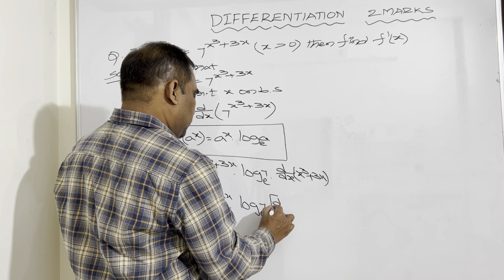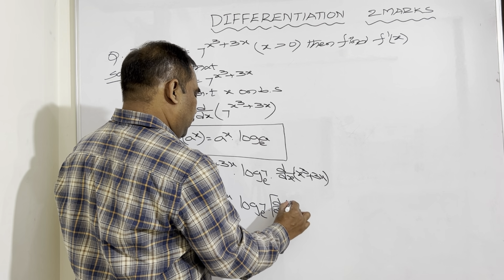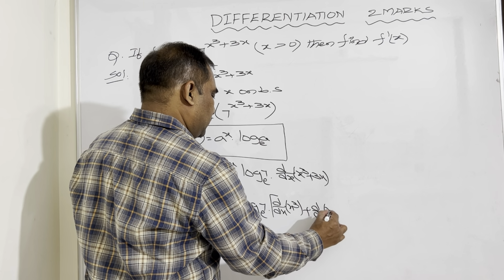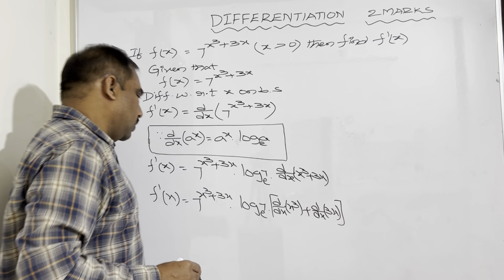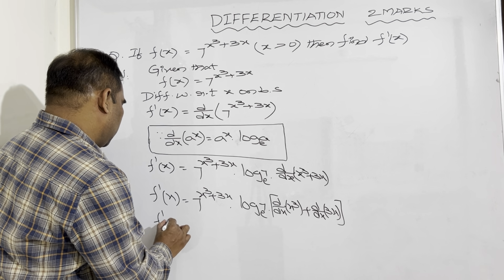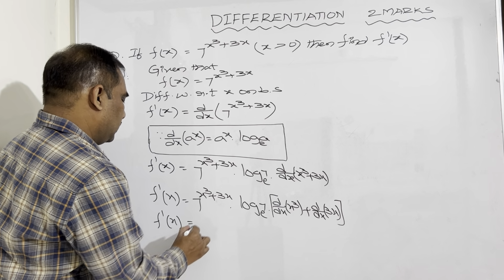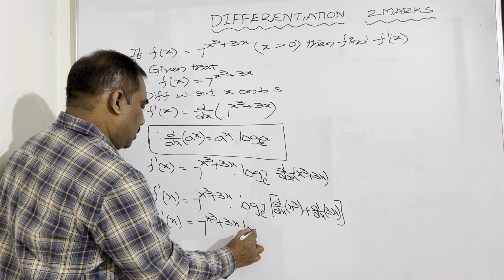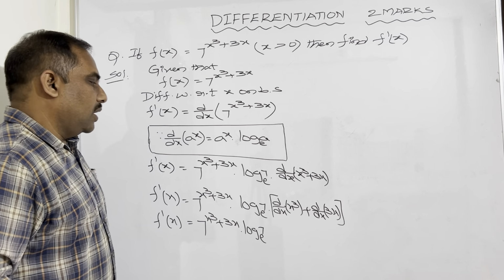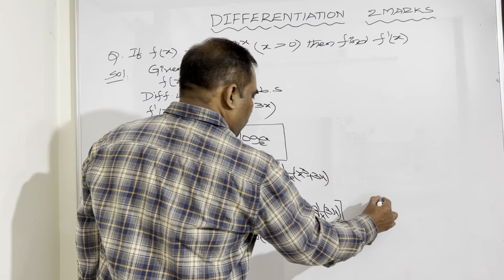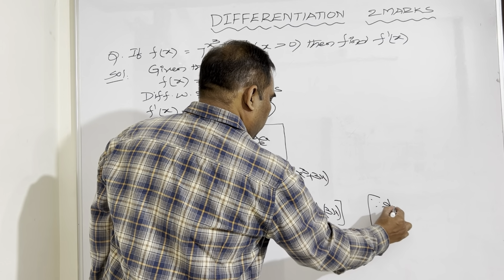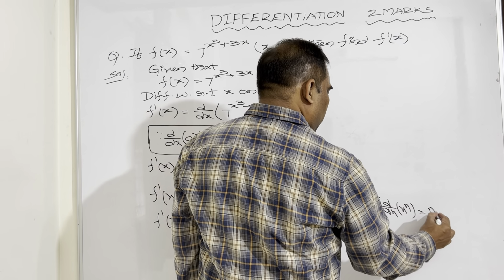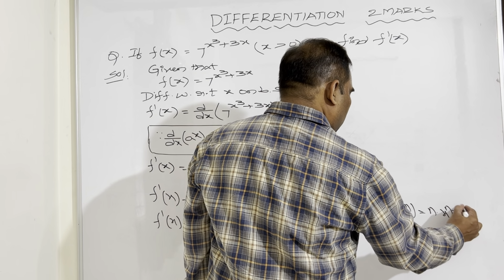into derivative of x cube plus 3x. So now this is d by dx of x cube plus d by dx of 3x. So like this we can. So now finally we get f dash x is equal to 7 to the power of x cube plus 3x into log 7 base e, and derivative of x cube is, so we have d by dx of x to the power of n, you can apply the formula n into x to the power of n minus 1.